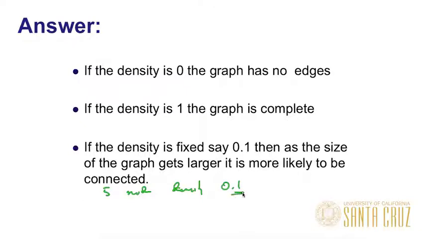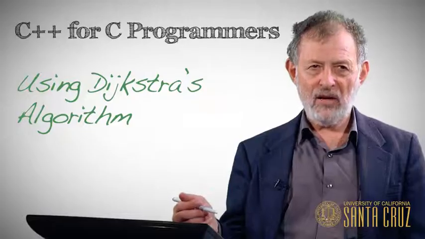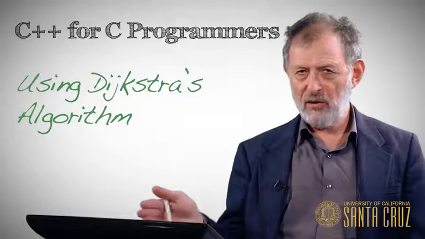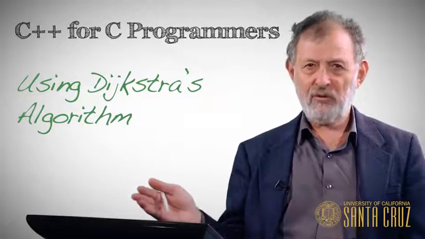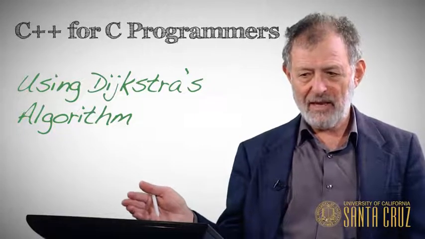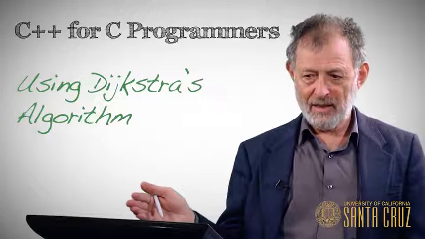That means 1/10 of the time in a 5-node graph, we're going to stick an edge. Well, that's not going to happen often. 5 nodes, that means, roughly speaking, we're going to throw in an edge 50% of the time for that particular node. Well, that's not going to be connected, so it's very unlikely.